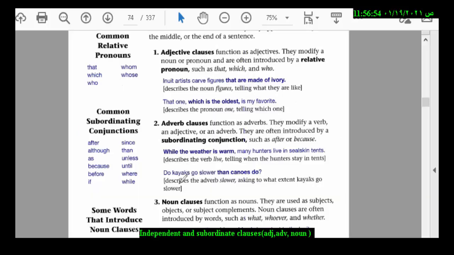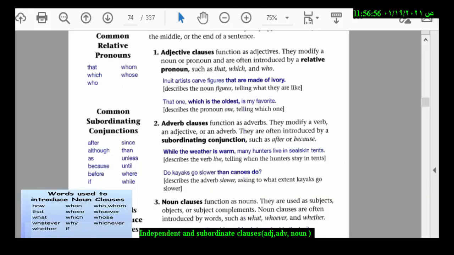So what makes a noun clause? It's these conjunctions. These are some of the conjunctions that introduce or come at the beginning of a noun clause, like how, that, what, whatever, when, whether, who and whom and whose and why, and sometimes they function as a subject, object, subject complement, noun.